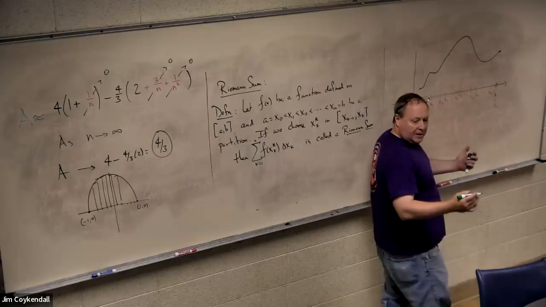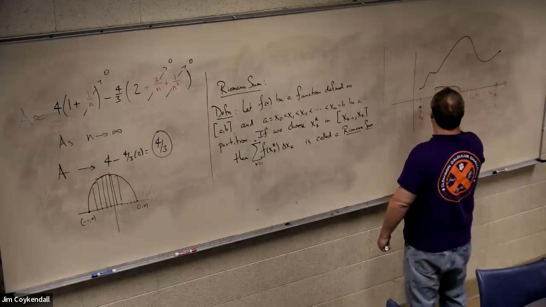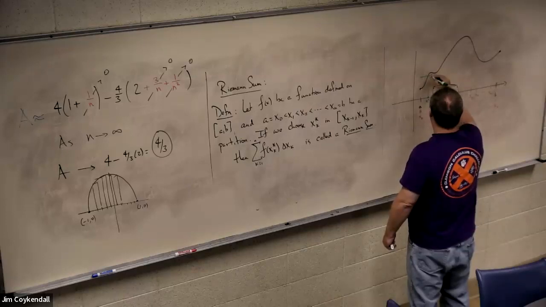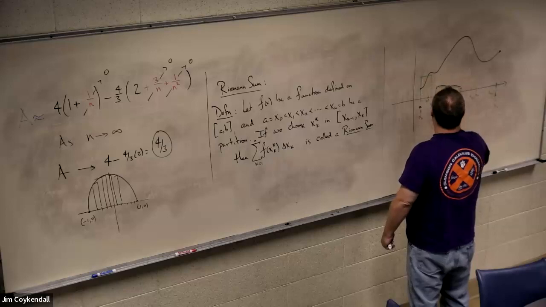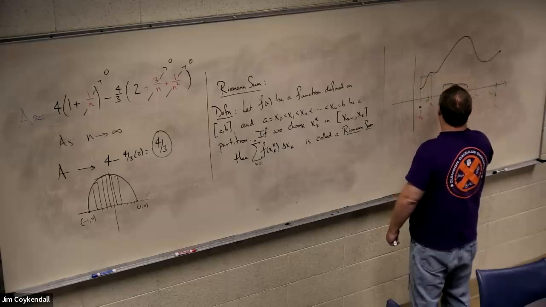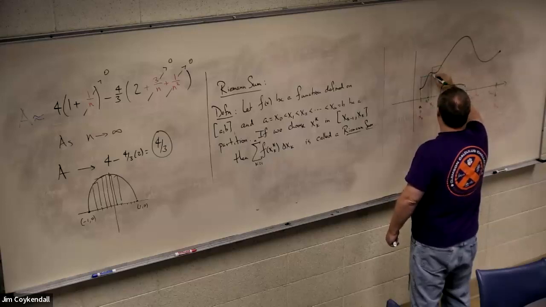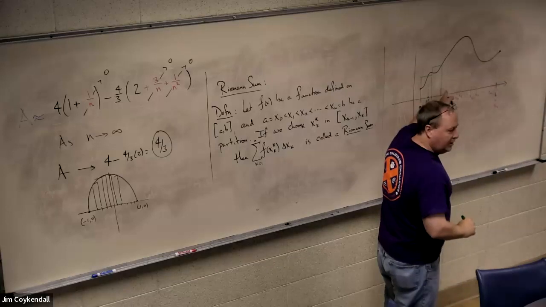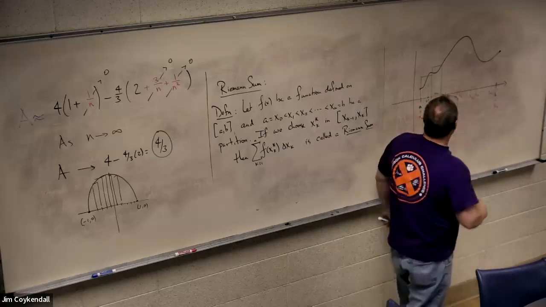I always favor the right endpoint, but anyway. So x1 star might be here, and you use it to determine the height of this rectangle. x2 star might be here, a right endpoint like we've done before, and x3 star might be here as well. So I might use the same point for the left endpoint of the next interval.